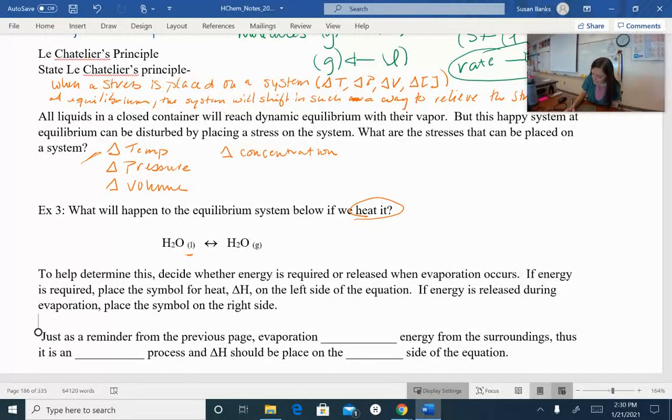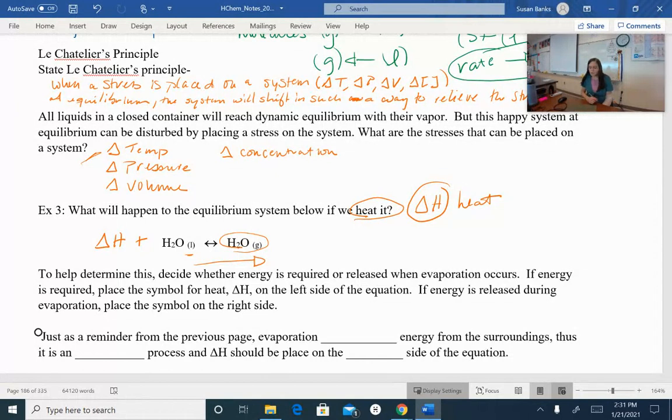So if we're heating it, we're going to use delta H as our symbol for heat or energy, okay? If I'm heating it, I'm using H or heat as a reactant, right? That's part of what starts that reaction. So what happens if I heat water? Doesn't it vaporize? Doesn't it boil eventually? Yeah, it does. So it's going to shift to make more gas.